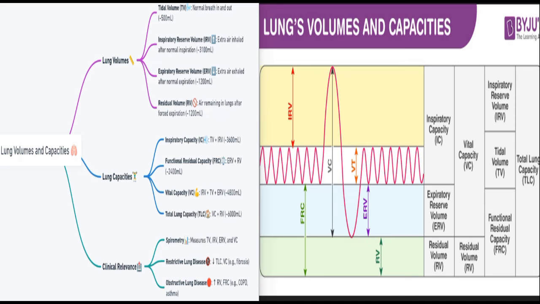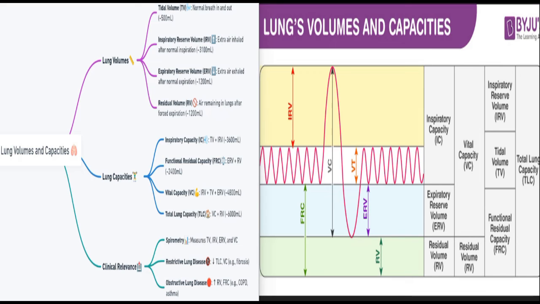And the percentage change in the FEV1, which is the change in FEV1 over the pre-FEV1 times 100%, is 15%. 15% is more than 12%, so it's reversible. Okay.